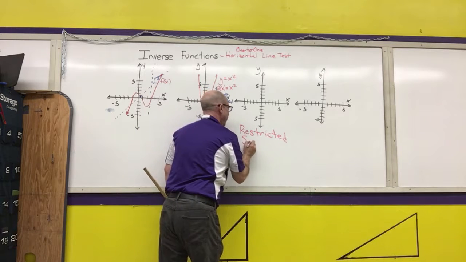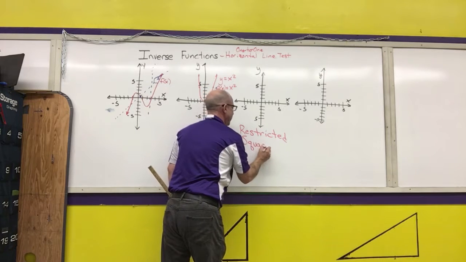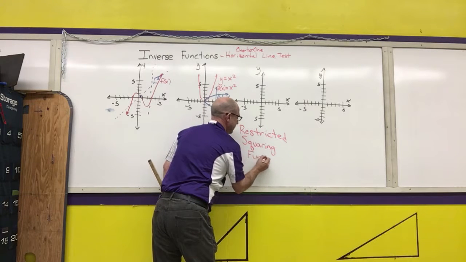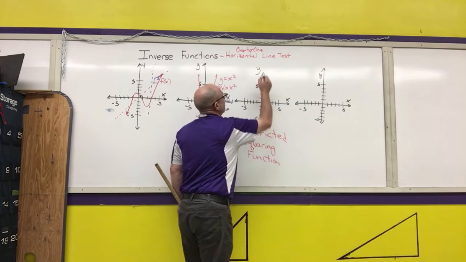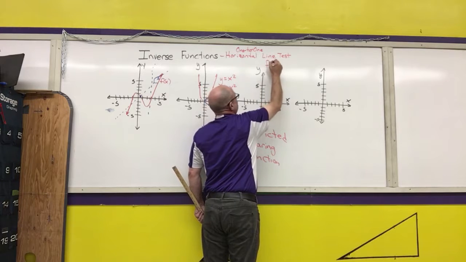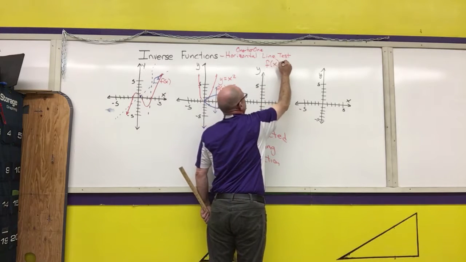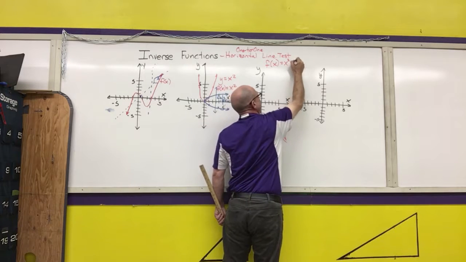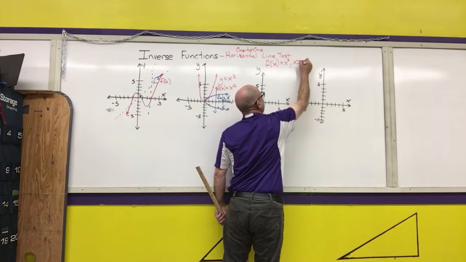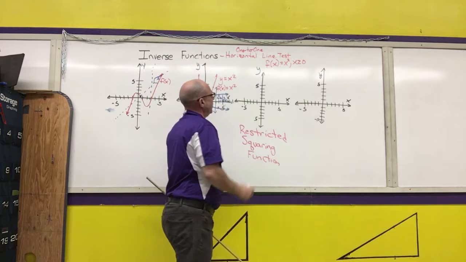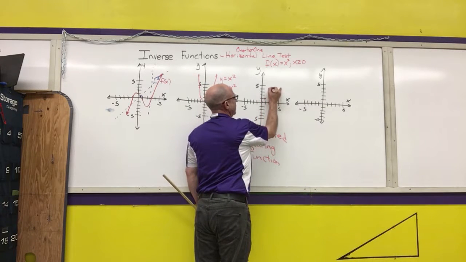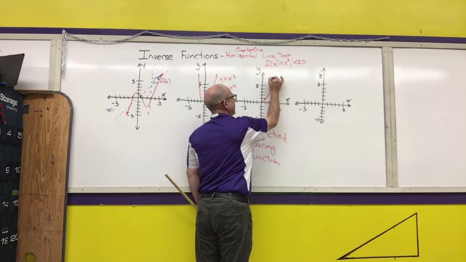So what I'm going to graph now is the restricted squaring function, where f of x is equal to x squared, but x has to be greater than or equal to 0. So the graph of the restricted squaring function looks like this.